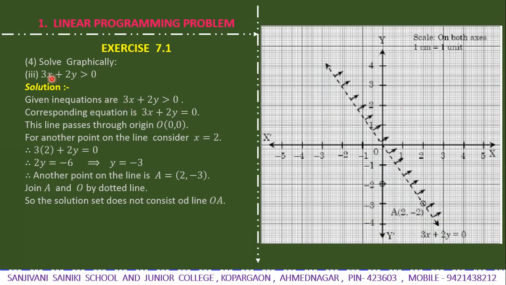Because we have the given equation 3x plus 2y is strictly greater than 0. Here, if we had greater than or equal to, in that case, we would consider the points on the line as part of the solution set. But here it is strictly greater than 0. So the points which lie on this line are not part of the solution set of this linear inequation.